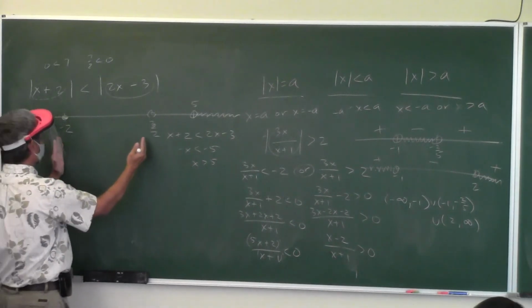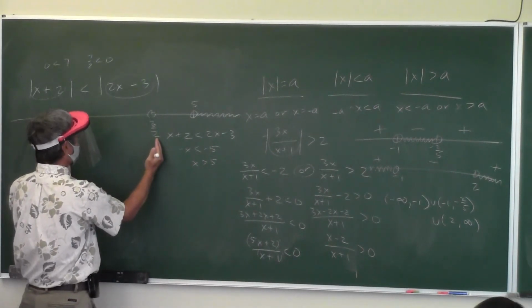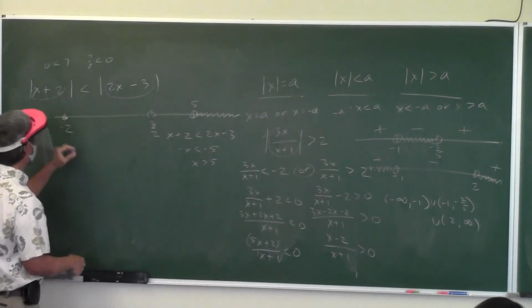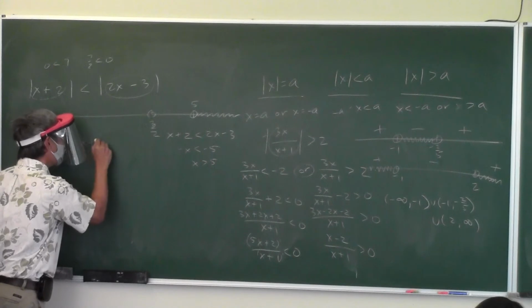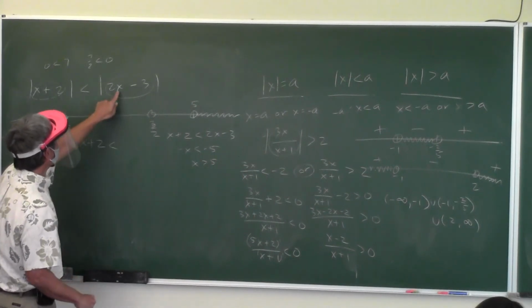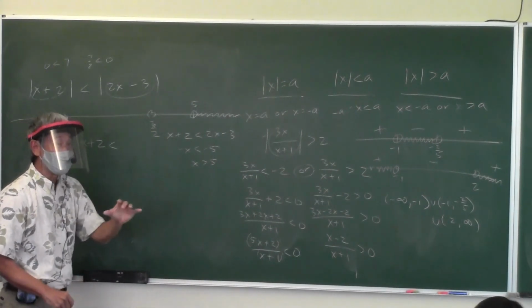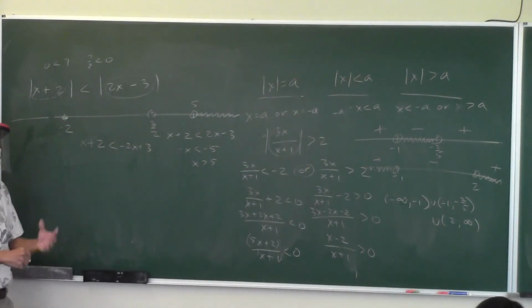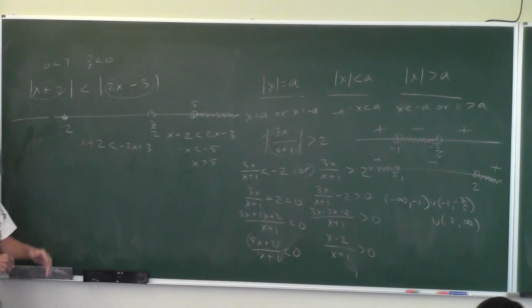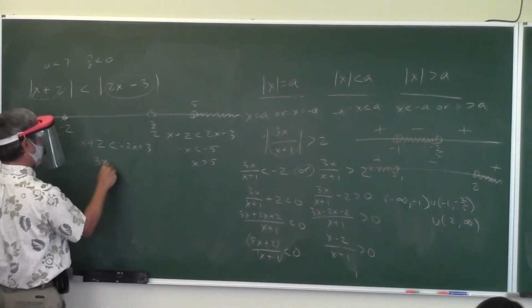Okay, think of a number between negative 2 and 3 halves. 0. Okay? 0 plus 2 is positive, so you leave it alone. 0 minus 3 is negative, so you negate it. You guys know what negate means? Multiply by -1. Okay, and then you simply solve that. Come on, this is less than algebra 1 right here.